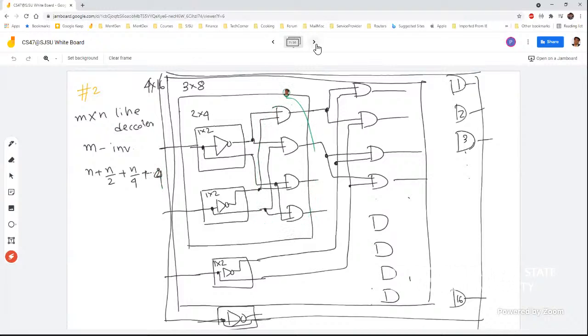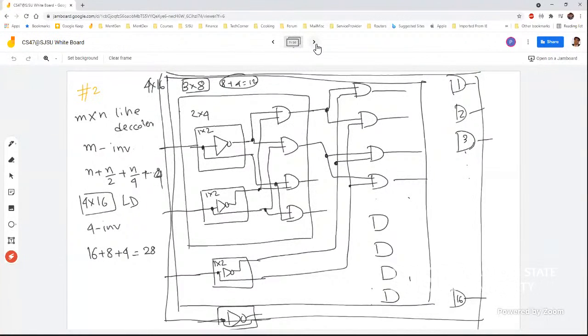So for a 4/16 line decoder, you need 4 inverters, and then 16 plus 8 plus 4 AND gates. So this will be 28 AND gates. For 3/8 in that case, we need 3 inverters and 8 plus 4 equal to 12 AND gates. So our final calculation was right in the previous problem.